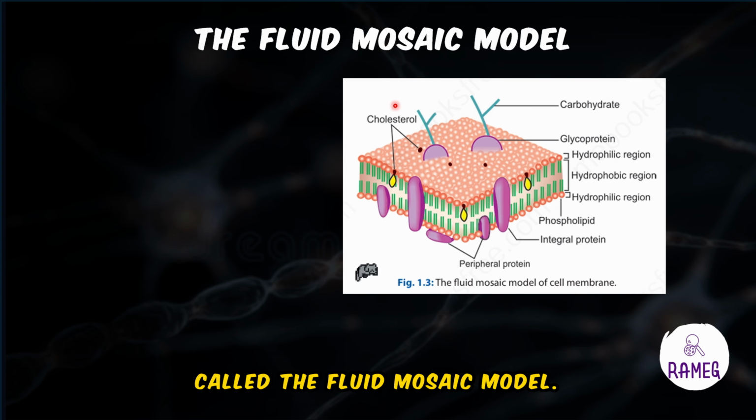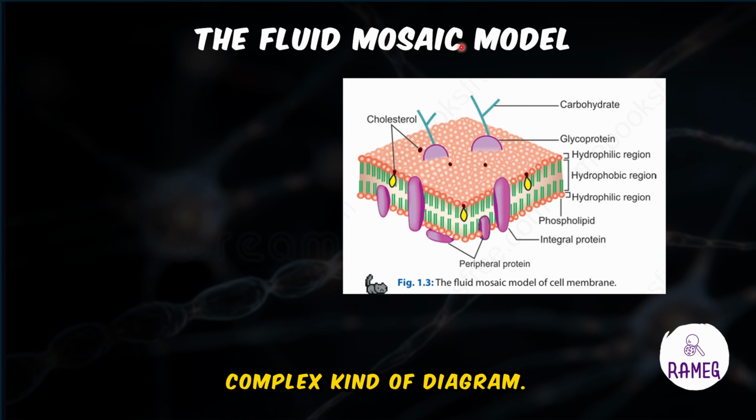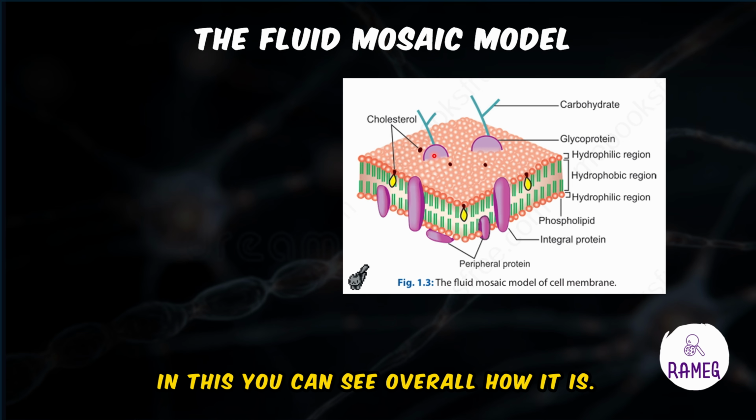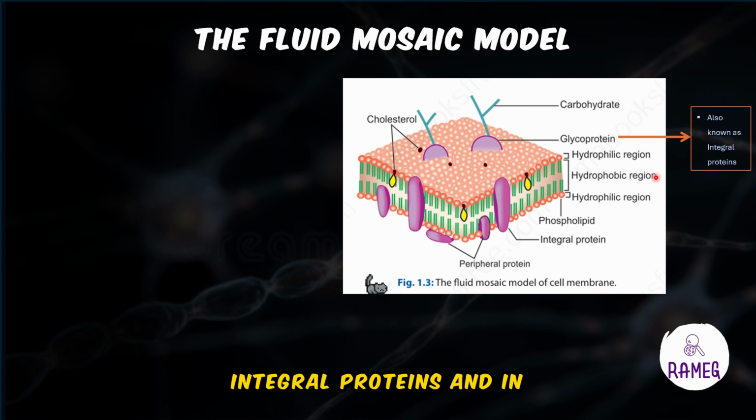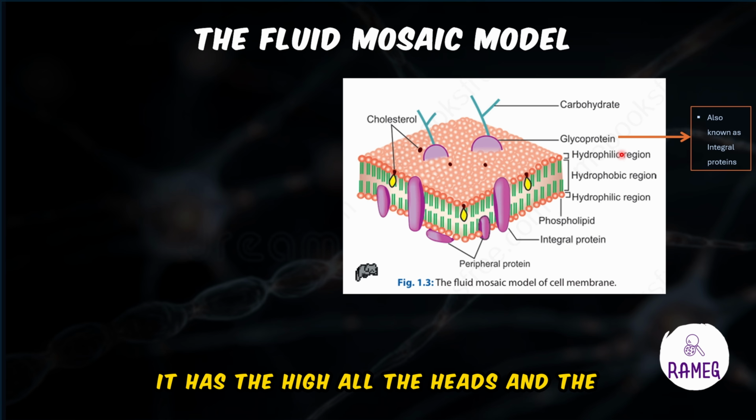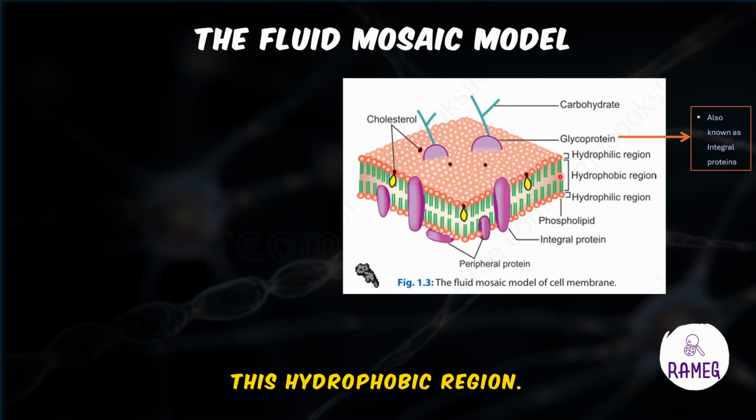There's a concept called the fluid mosaic model. This is basically a bit more complex kind of diagram. In this you can see overall how it is. Glycoprotein is another name for integral proteins. And in here you can clearly see that it has all the heads and the tails, and this hydrophobic region.